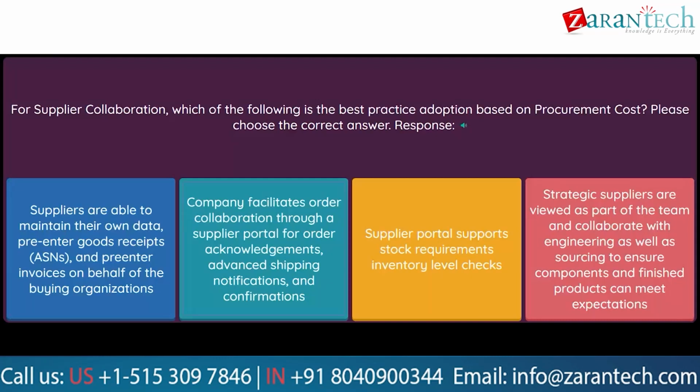Option 2 Company facilitates order collaboration through a supplier portal for order acknowledgements, advanced shipping notifications, and confirmations. Option 3 Supplier portal supports stock requirements inventory level checks. Option 4 Strategic suppliers are viewed as part of the team and collaborate with engineering as well as sourcing to ensure components and finished products can meet expectations.